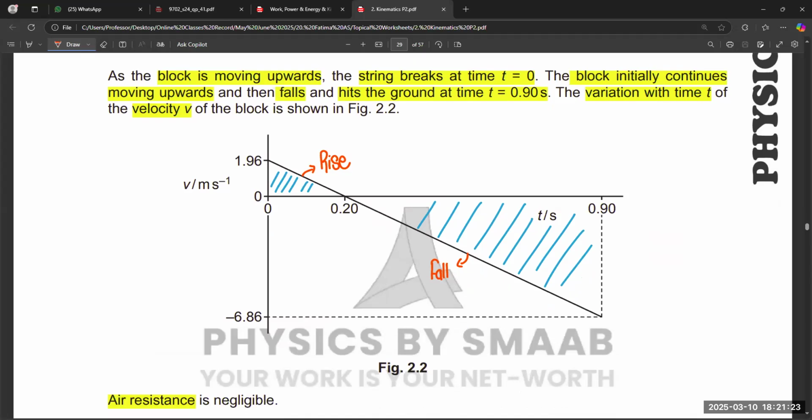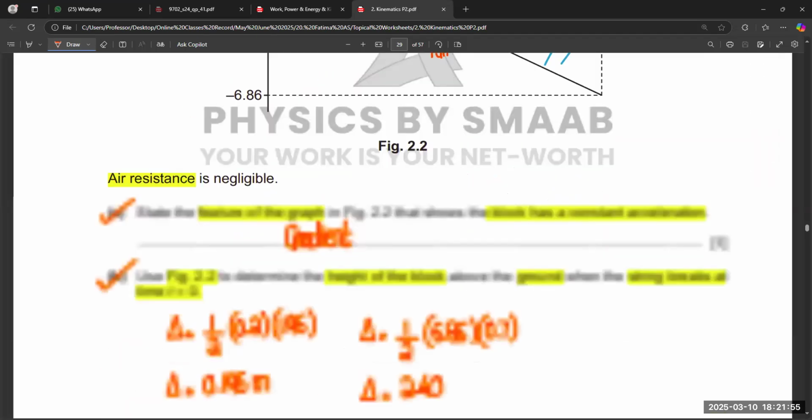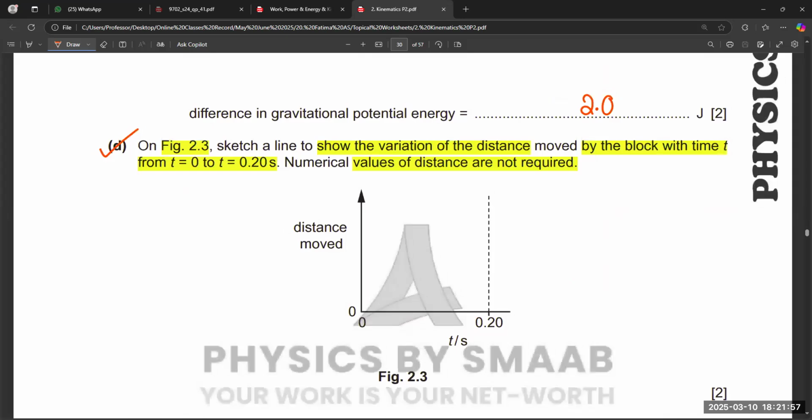Because in this question, initially we have a small distance and then a large distance. So we need to make a line from the origin, because when it drops from time t equals 0 to 0.9 seconds, distance increases. And we need to show the gradient of the line decreasing, for example, like this.